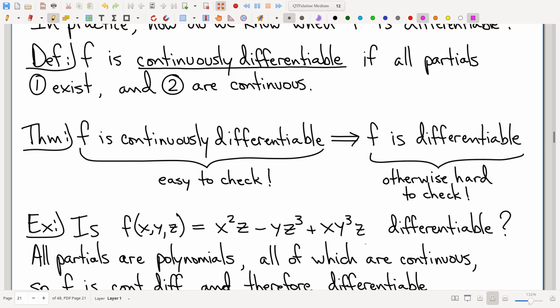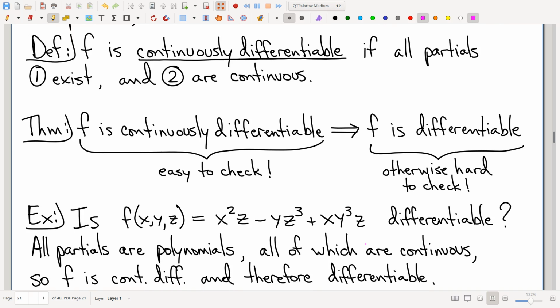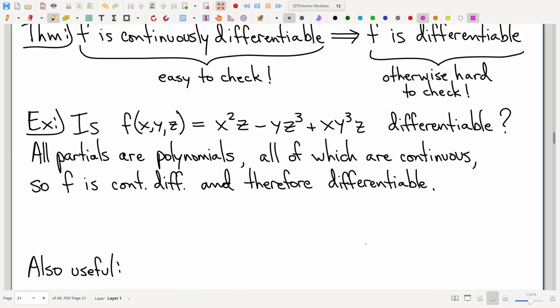Any function of that sort, any combination of those functions, products, sums, differences, quotients, anything you can generate out of basically any function you ever saw in high school is continuous where it's defined. So in cases like this, we're talking about a polynomial here. Polynomials are obviously defined everywhere, so they're continuous everywhere. So on this example, you just said it's a polynomial. Yeah, that's right. That's totally fine.